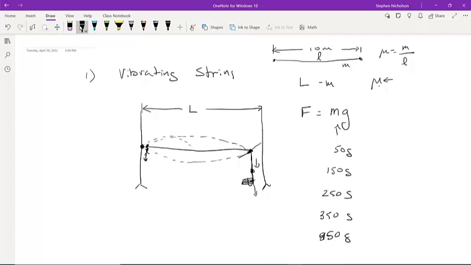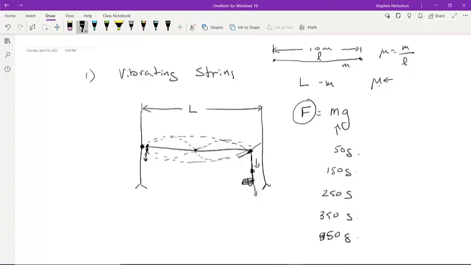Then we'll get the second harmonic, which will look like this, and we'll measure that frequency. And we're going to measure up to 5 harmonics, so the first, second, third, fourth, and fifth harmonics. So we'll have the frequencies, the harmonics, as a function of these masses, which will give us the corresponding tension.